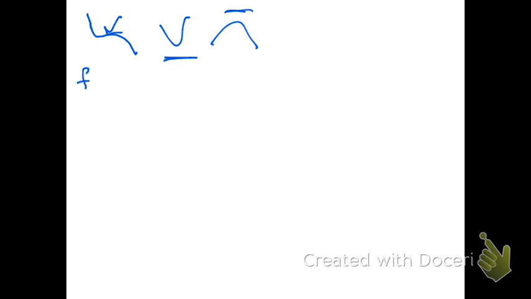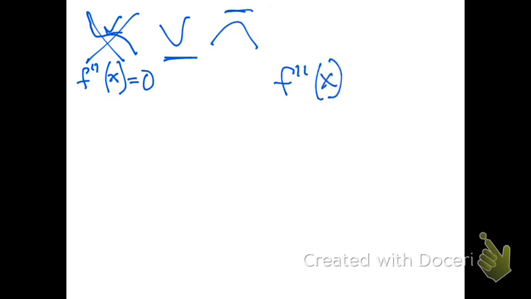If your second derivative ends up being 0, that's going to be this, and that doesn't guarantee anything. So the second derivative has to definitely be either positive or negative. You can't get 0. Okay, it's got to be one of these two.